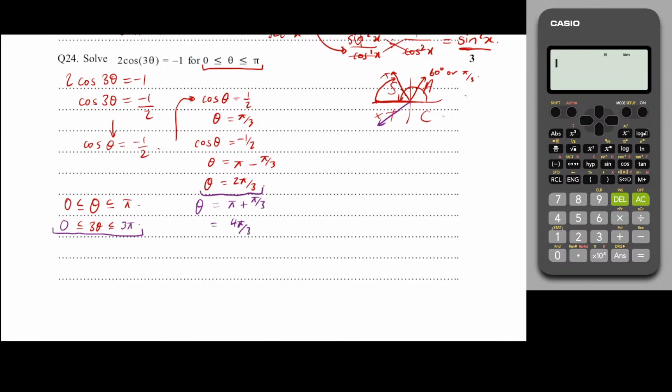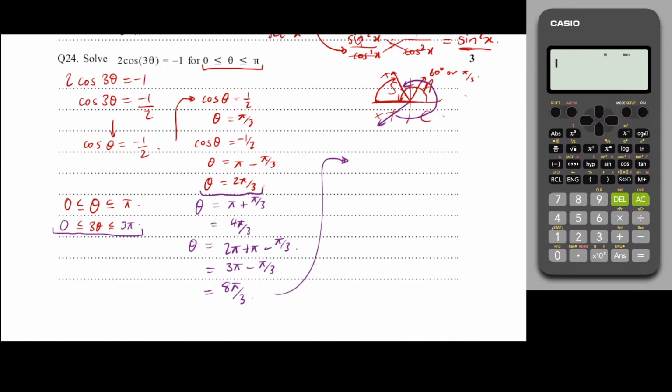And in fact, there are 3 different values. So let's take the next value, okay, and we'll test it. So we're going to go all the way around to where it's next equal to -1/2, which is 2 pi plus pi minus pi on 3. So these should give me all of the values. So doing this last one, we get 3 pi, take away pi on 3, which is the same as 8 pi on 3.